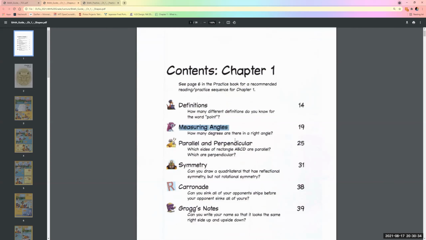If people could please finish the measuring angles chapter comic, the parallel and perpendicular chapter, and let's try the symmetry one too. If I can have y'all read up to page, in that sense, right before we do these 2 short stories, so up to page 38 for next week. Does that sound okay?